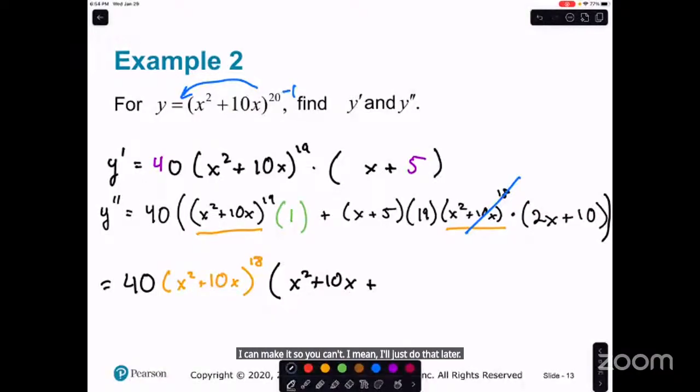Let me see. That's going to be plus. We could expand that out. That's x plus 5 squared. That would be what, 38? Let me think. Do I want to do that? Okay. Looks like it's like a 38 times. So it's going to be x squared plus 10x plus 25.